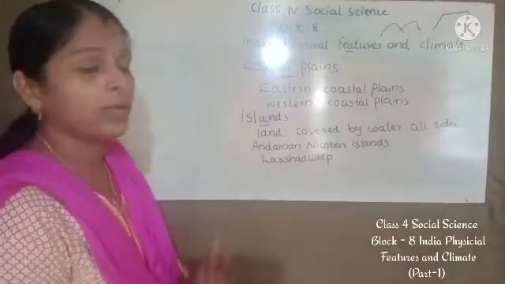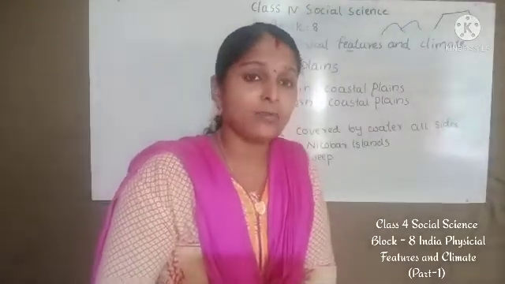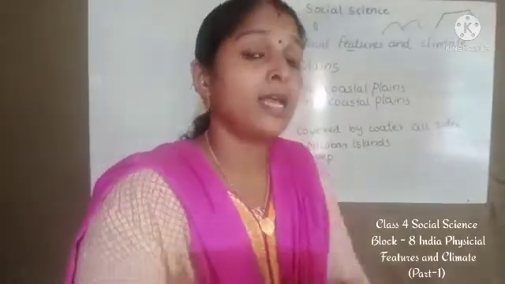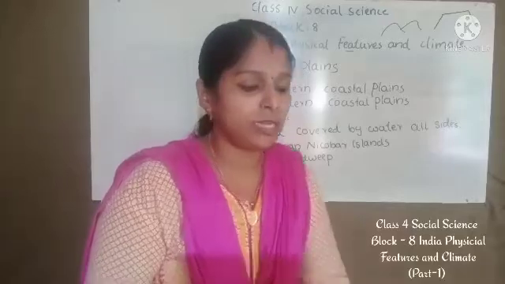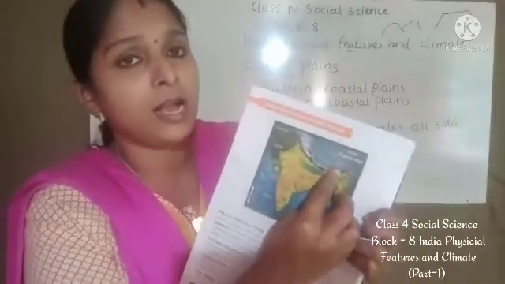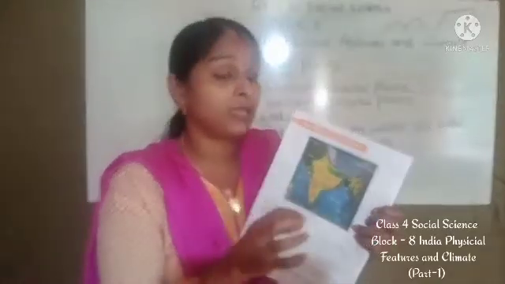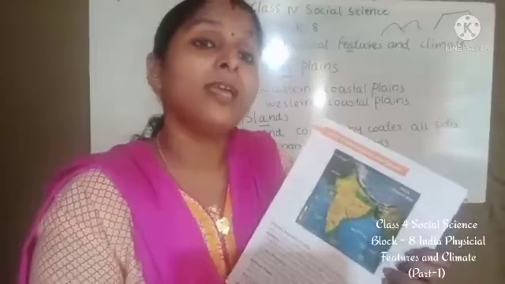Okay, so we have now studied all the physical features. First we studied the northern mountains. Northern mountains are situated on the northern border of India. Many peaks are situated here and many rivers start to flow from here.